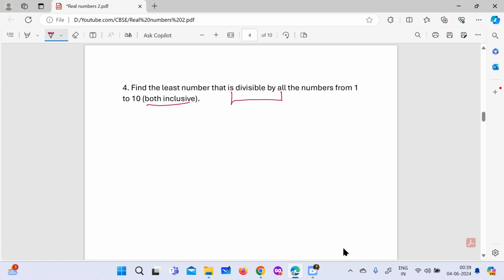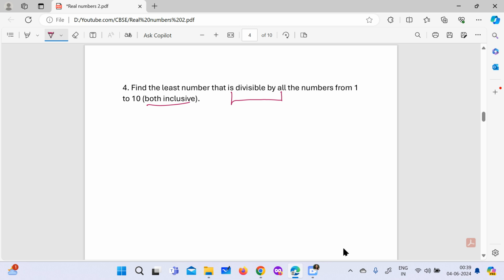Whatever answer we get has to be bigger than 10, because that number has to be divided by 1 to 10. So whenever you have this kind of question, you have to find the LCM of numbers from 1 to 10. This is going to be very big.